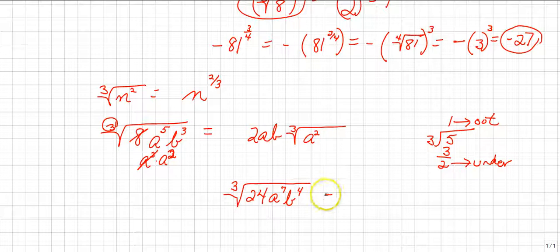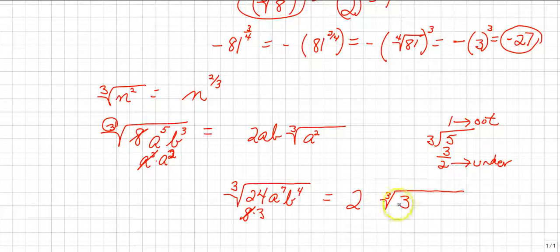Now the cube root of 24, that's a little trickier to think about, but if you think of the factors of 24, 24 is the same as 8 times 3. Well, 8 has a cube root. We're familiar with that. We've seen it a couple times already. The cube root of 8 is 2, so 2 comes out. And we're going to have a 2, and then we're going to have a cube root. I'm going to leave a little space there. And the 3 stays under.